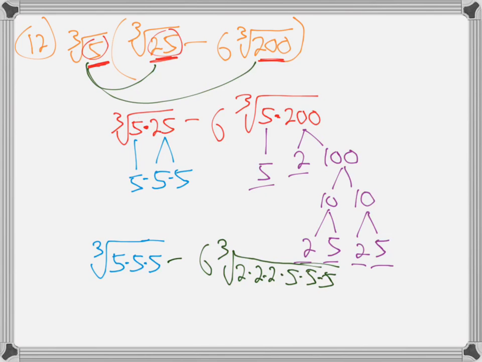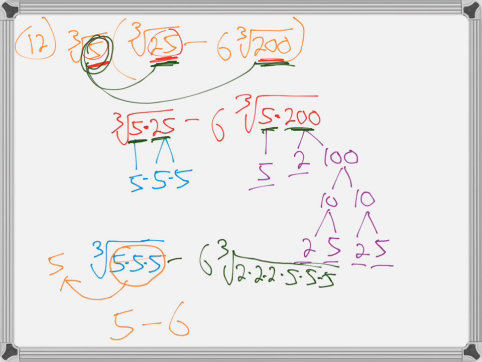So from the beginning, I took this original 5 and I put it in there with the 25, right? And in there with the 200. Then I just broke everything down. Now, you know the deal. It's a 3 for 1 deal. So 3 5s in, because we have 3 in the hook, right? So 3 for 1 deal. 1 5 comes out. They're gone. The whole root vanishes. This is just 5.